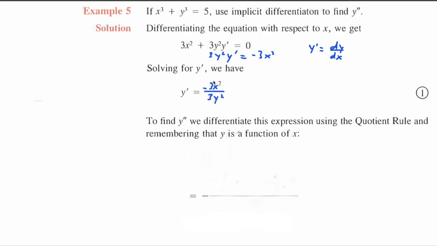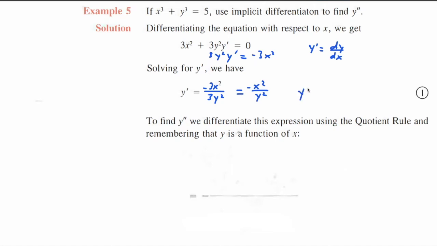But of course, we have a common factor of 3 in the top and the bottom. So this simplifies to negative x squared over y squared. So we have an expression for the first derivative, which is y prime is equal to negative x squared over y squared.